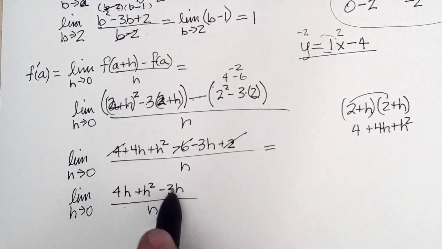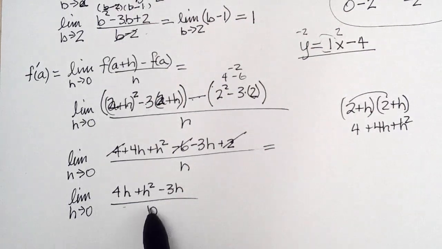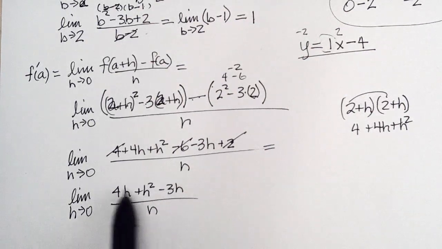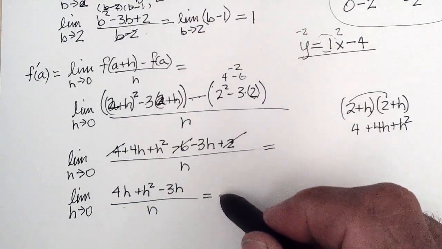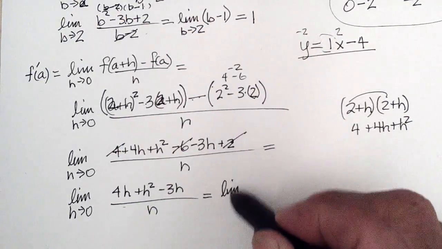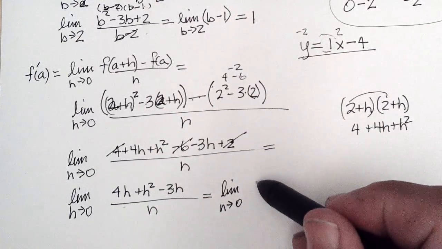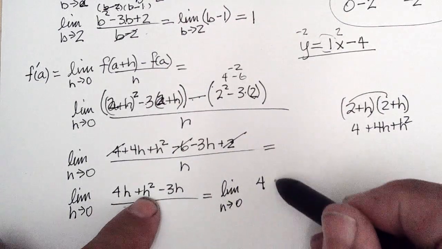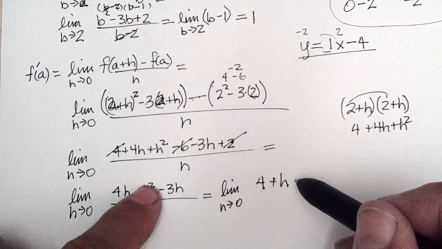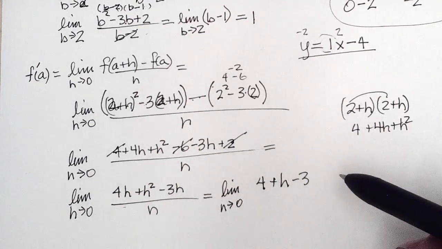I could have put these together and called it 1h, but h is supposed to go into each of these, and there's an h in each of these, so I can do that simplifying. I still haven't found the limit. So I get 4 with h going in there and canceling an h, plus h, canceling one of the h's, and h going in there, minus 3.